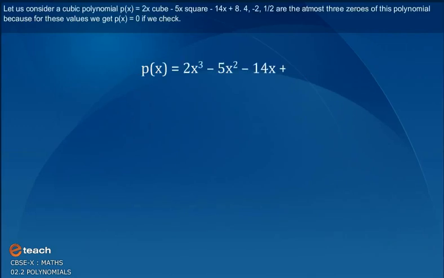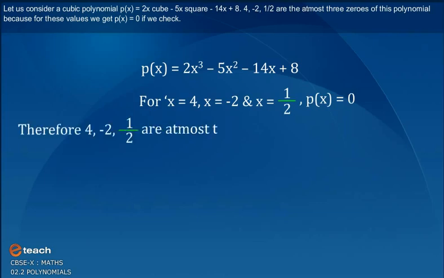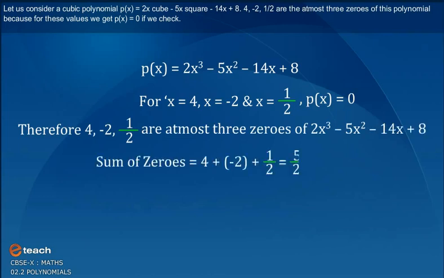Let us consider a cubic polynomial P of x is equal to 2x cube minus 5x square minus 14x plus 8. 4, minus 2, 1 upon 2 are the three zeros of this polynomial because for these values we get P of x is equal to 0 if we check.